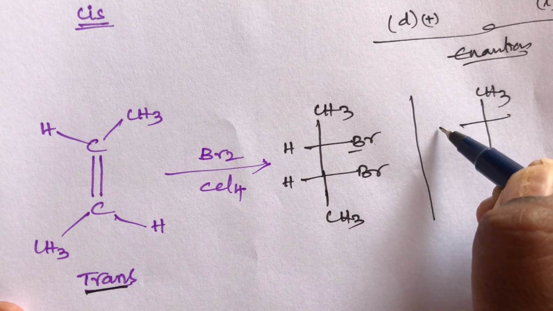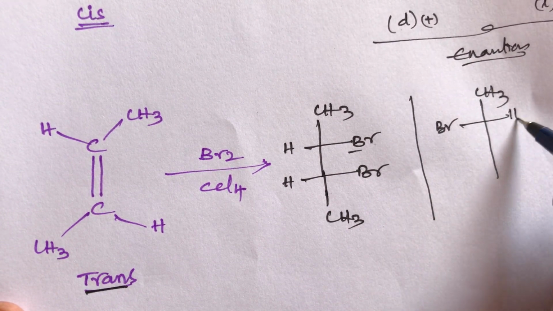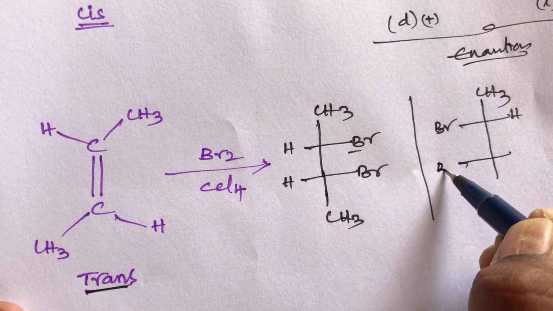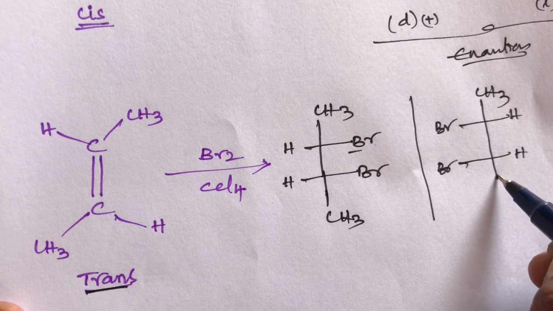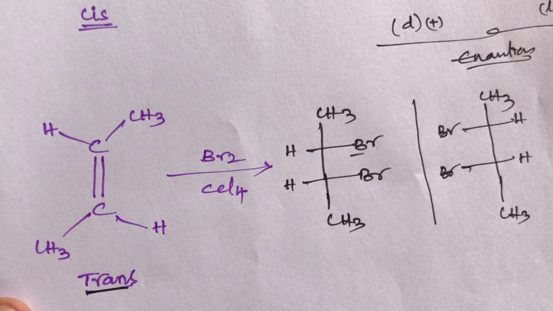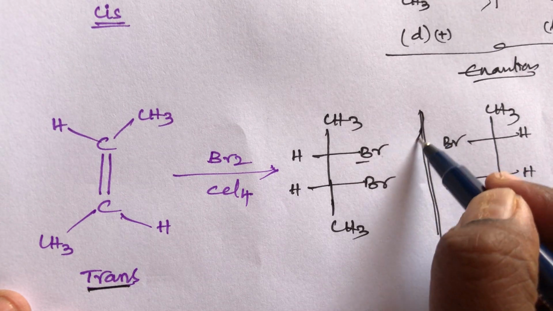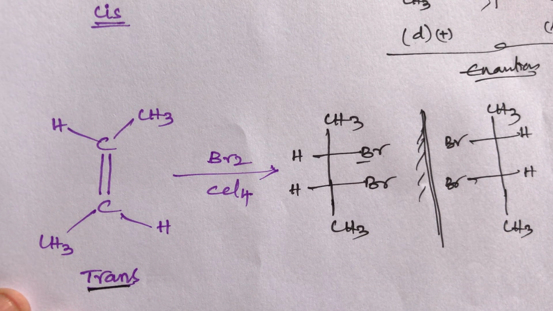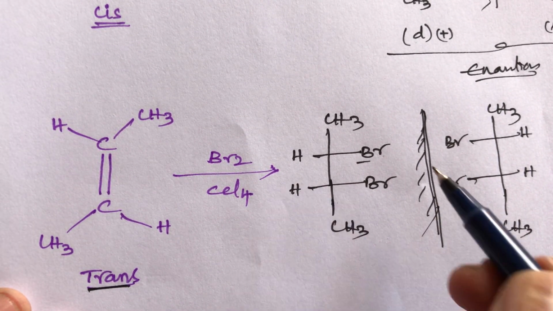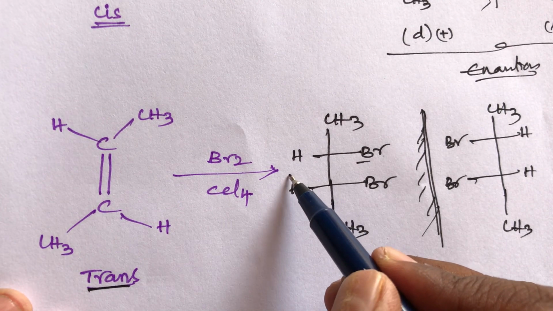We can write CH3, Br, H and Br, H. But here, saying these both are mirror images is not the correct way. Why? Because a plane of symmetry is present. According to stereochemistry, it has the same group above the plane and the same group below the plane. So this compound exhibits a plane of symmetry.